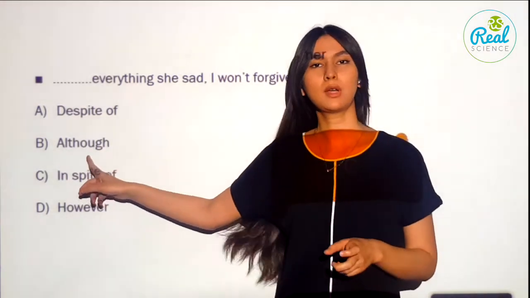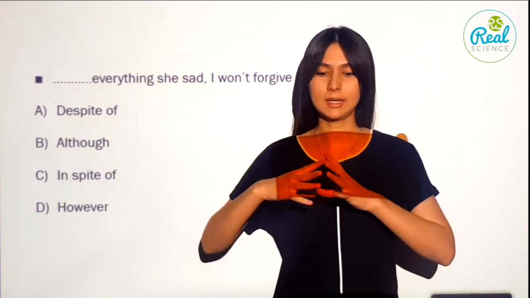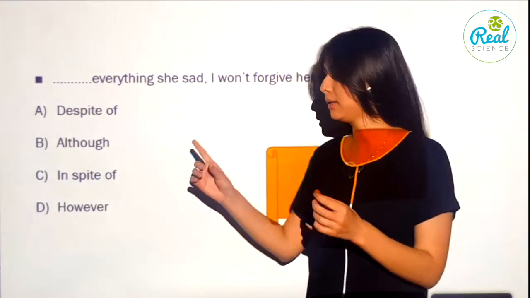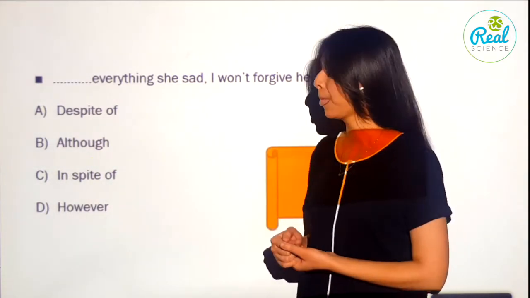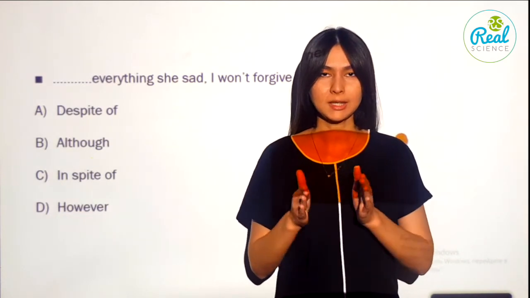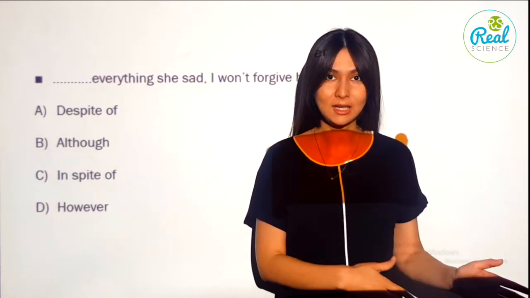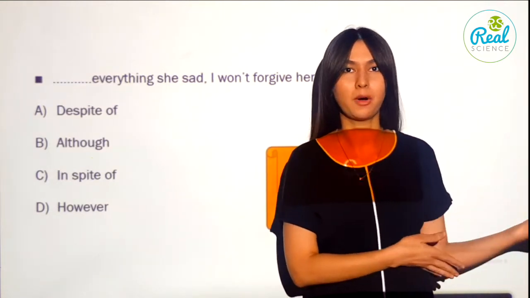After also, guys, you use mostly the verb form. You tell the action, what kind of action happened. After in spite of, despite of, you have to use a noun. For example, although it was raining, we went to the park.